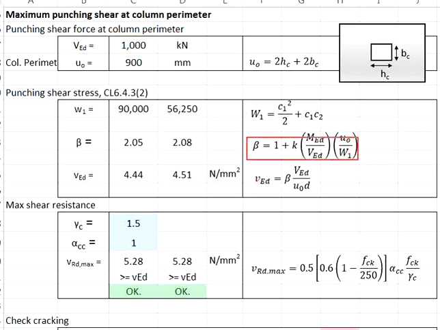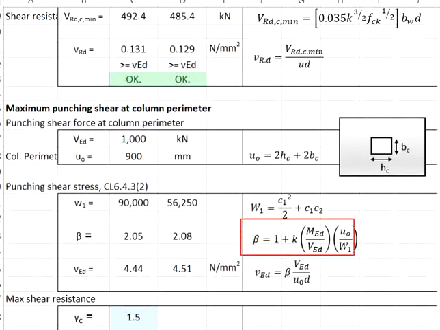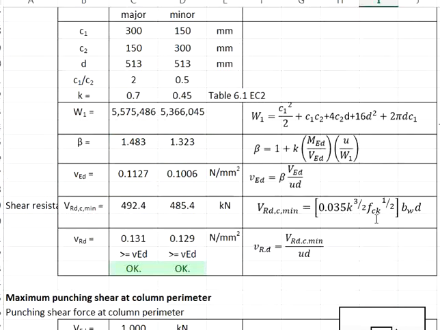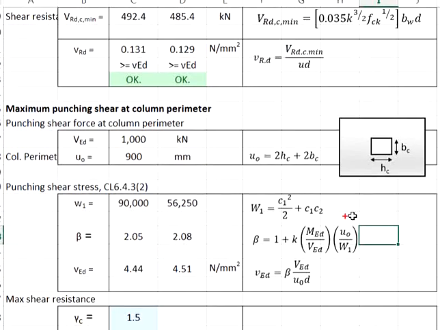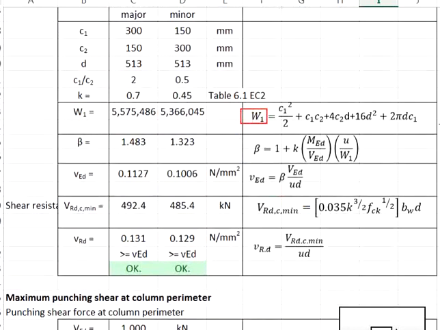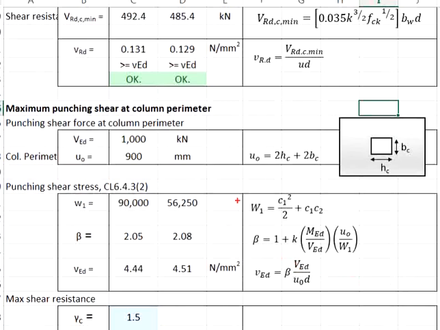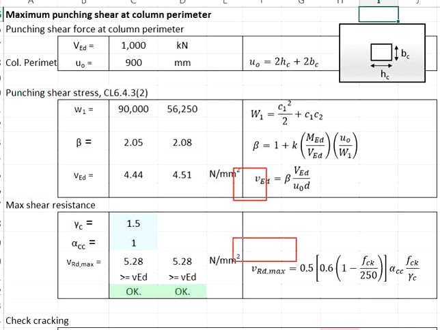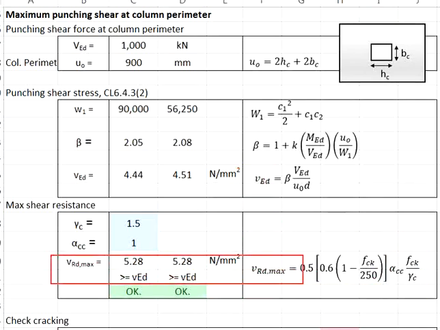Consider the influence of the moment based on beta. Note that the equations used for beta differ from the 2d perimeter, because we are talking about a different shear plane, and also different equations for W1. And then get the shear stress and check against the shear capacity. The shear resistance needs to be greater than the shear stress.